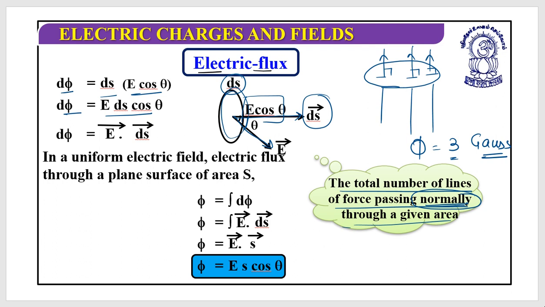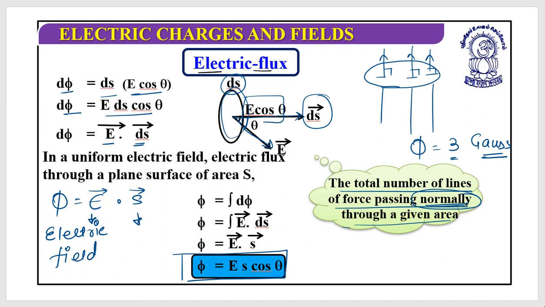This is the dot product of electric field and area vector. So flux is equal to ES cos theta. Flux is equal to E dot S, where E is the electric field and S is the area vector.